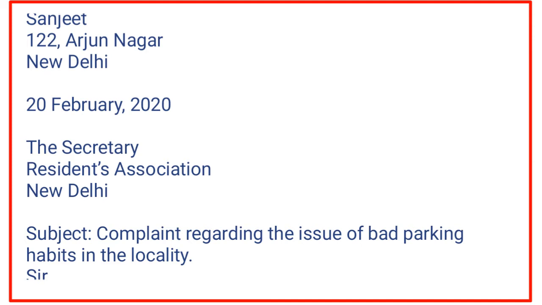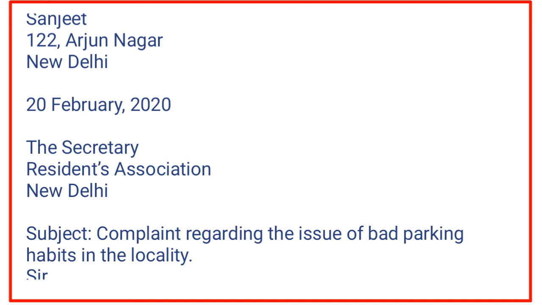Then write the date. While you write the date, it's better to write the name of the month in complete words, like given 20th February 2020. Instead of writing abbreviations, FEB or short forms, we wrote the complete word February.